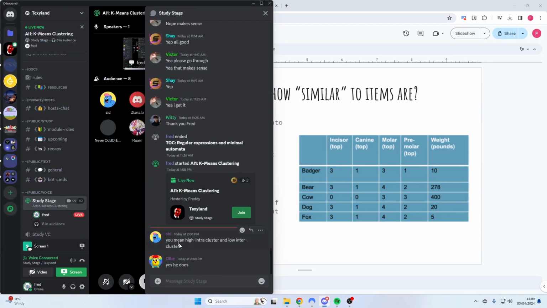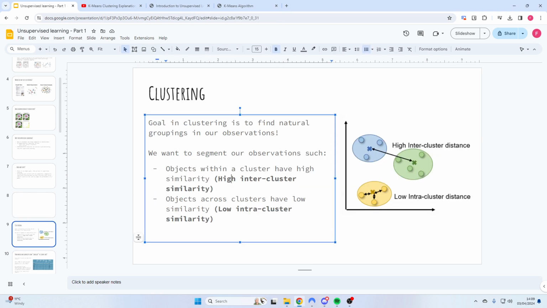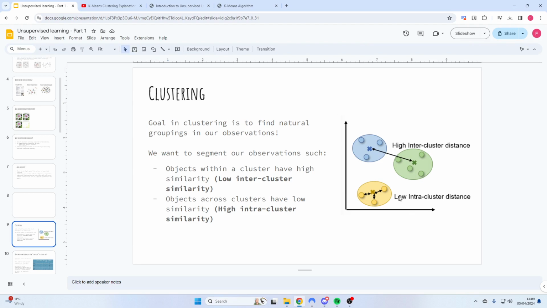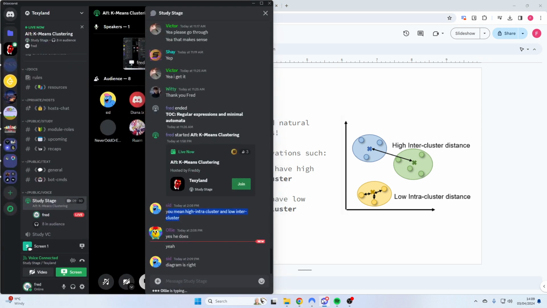Do you mean high intracluster? Oh, sorry, did I mix them up? Yeah, that would make more sense. Wait, is it wrong on this diagram? I took this diagram from Google. This should be high intracluster. And low, yeah. Wait, is it? Are you sure?